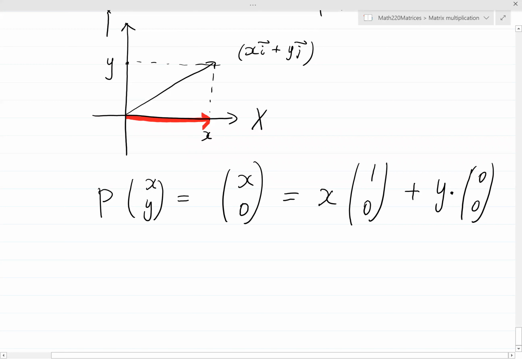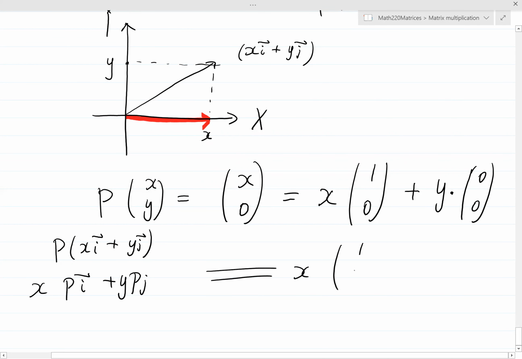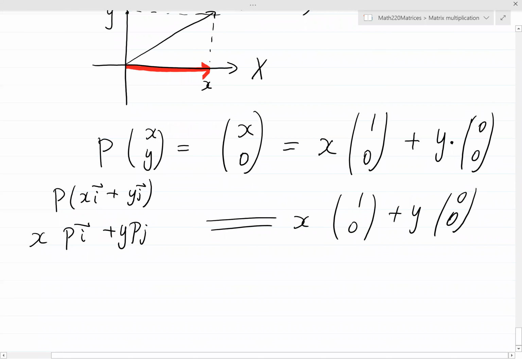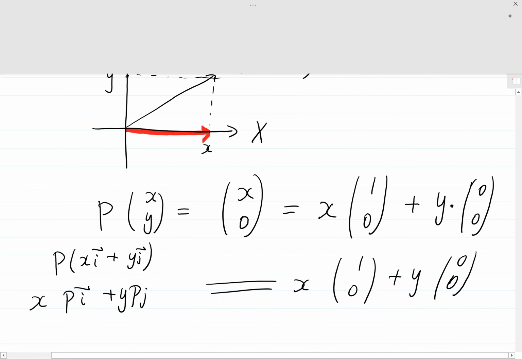If you write P(xi + yj), you get x distributed, so you get x P i, y P j. So this equals x times (0, 1) plus y times (0, 0).